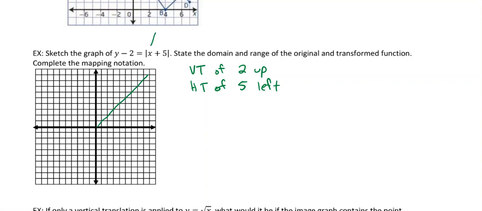I'm looking at it after it's been transformed, but what we're relating this to is the function f of x is equal to the absolute value of x, right? Because the transformations that we're doing are being applied to this. So I'm going to draw just the basic absolute value of x first. So I just drew the one side there, and then the other side there, okay?